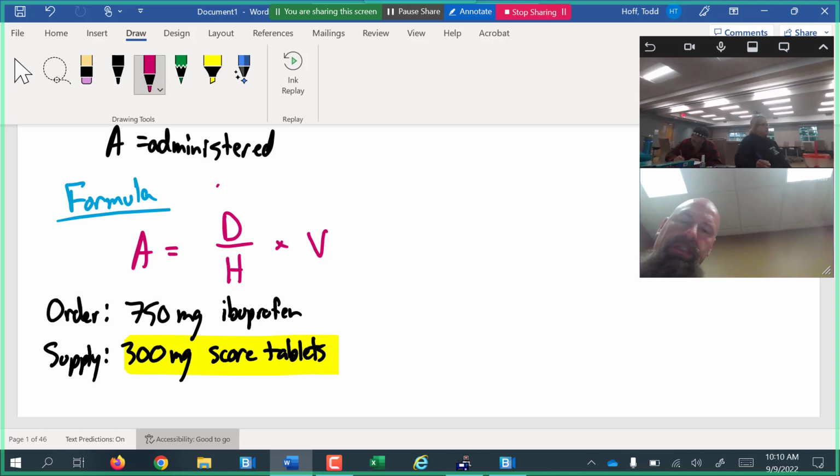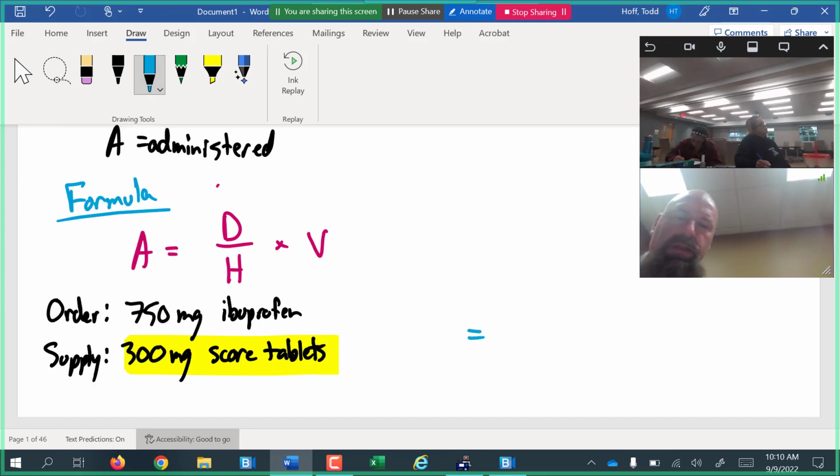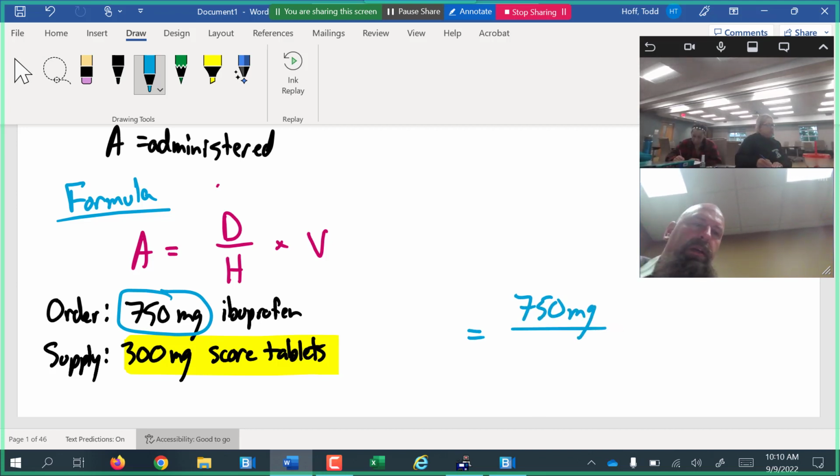So in this case, our doctor's order is the 750 milligram. The on-hand dose has to have the same units as the doctor's order, so it has to be milligrams. So the on-hand dose is the 300 milligrams in the tablet.